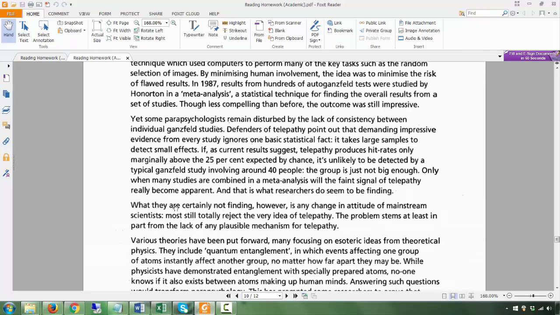Now, see, what they are certainly not finding, however, is any change in attitude of mainstream scientists. So the attitude is not changing. Most still totally reject the very idea of telepathy. The problem stems at least in part from the lack of any plausible mechanism for telepathy. So the reason why scientists are still rejecting telepathy is because of the lack of any plausible mechanism.